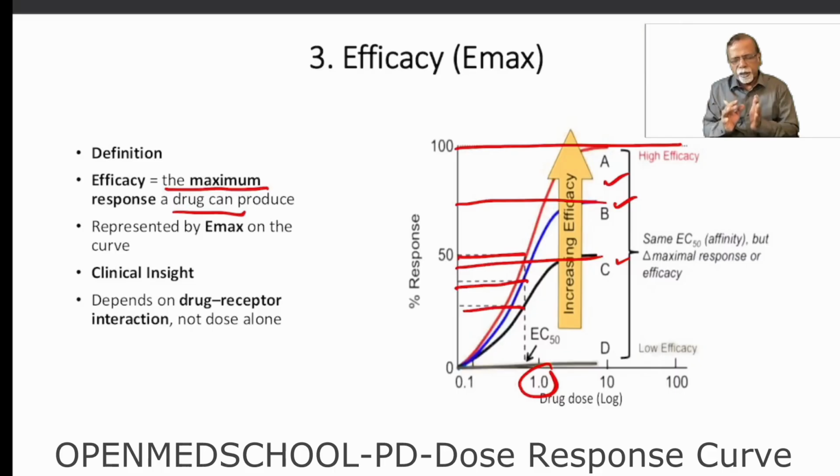Even though the ED50, that is the dose required to produce 50% of the maximum effect of that drug, is the same, their efficacy is different. Hope this point is clear.